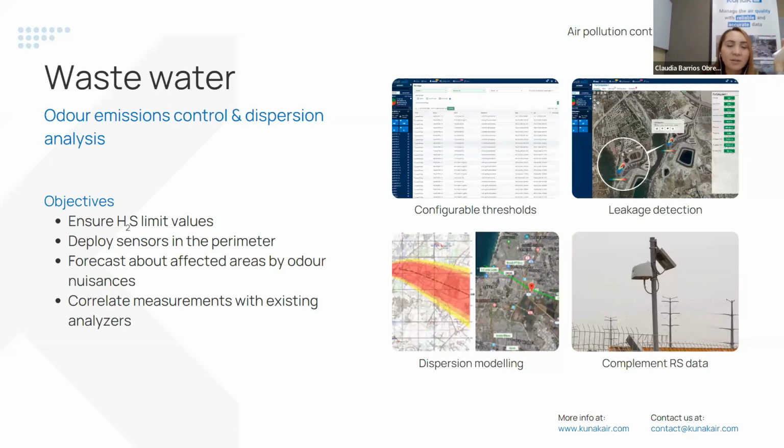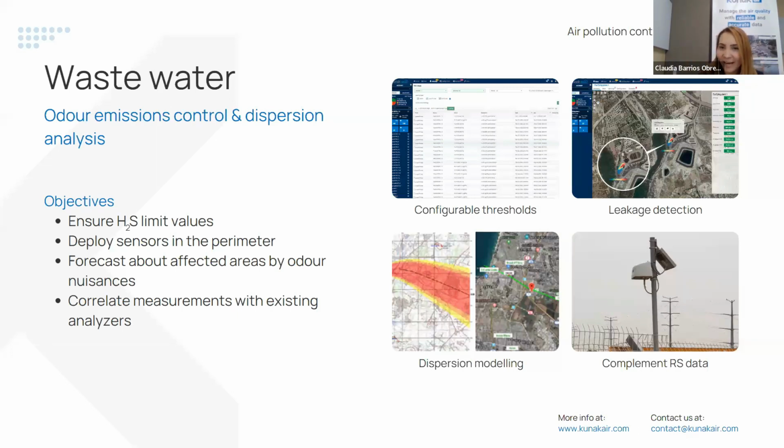So thanks to an experienced distributor of Kunak solutions, the customer was able to detect exceeded limits and comply with local legislation in case of any deviation using configurable thresholds, which is possible with the Kunak Cloud, implement a leakage early detection system by plotting in-situ graphs and receiving alerts, and of course, combine real-time air quality measurements with dispersion modeling.